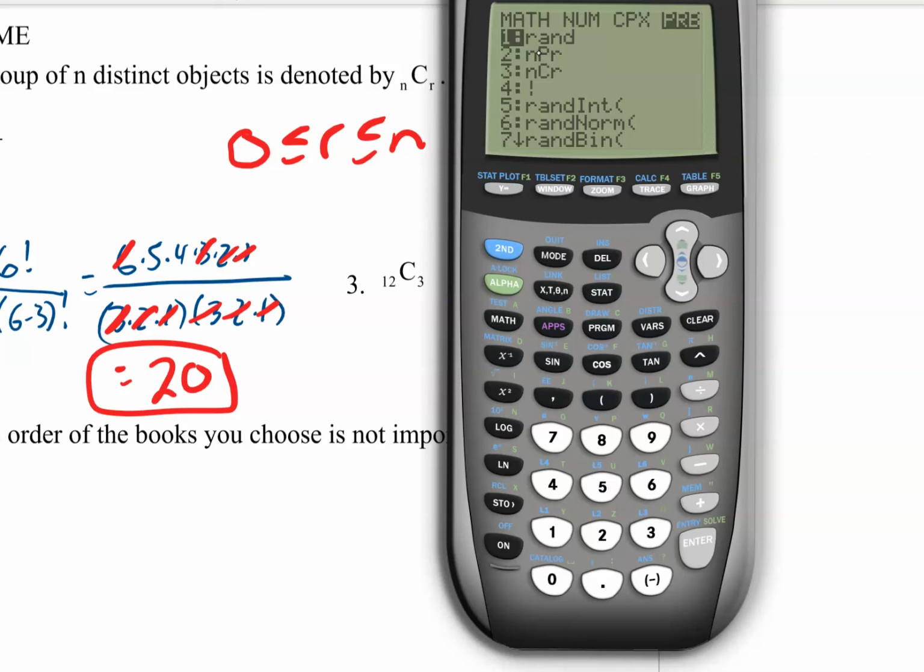So we're going to do number 3 using our NCR button. Oops, clear. Actually, I have to put in the first number first, so I'll put in 12, math, probability, NCR, 12 choose 3, 220.